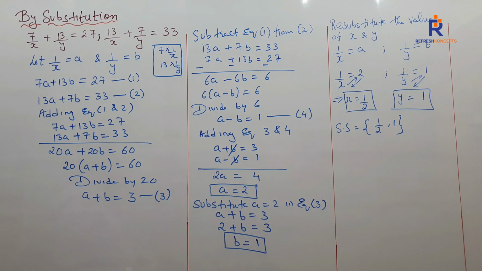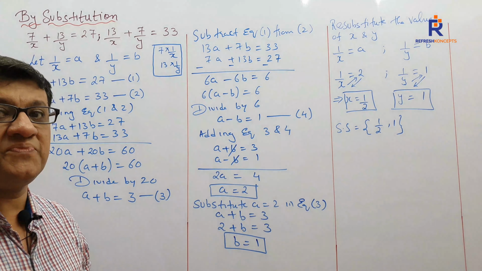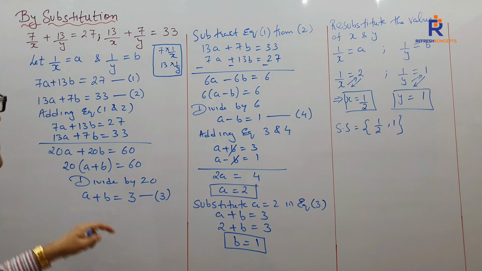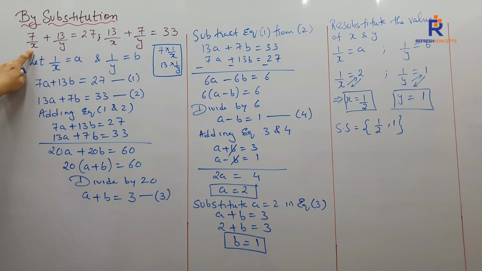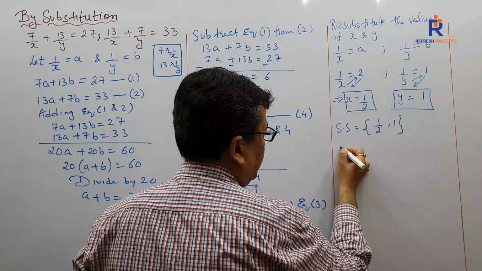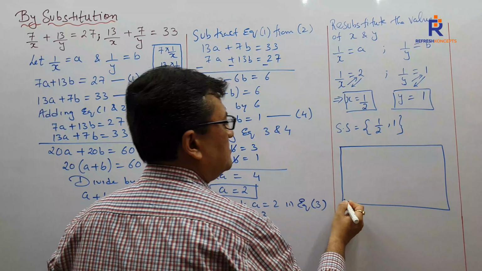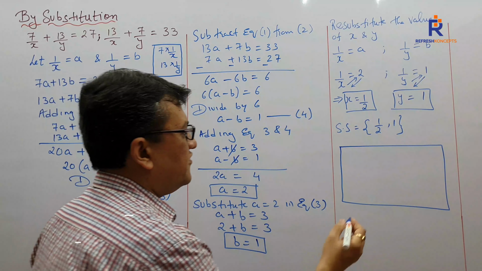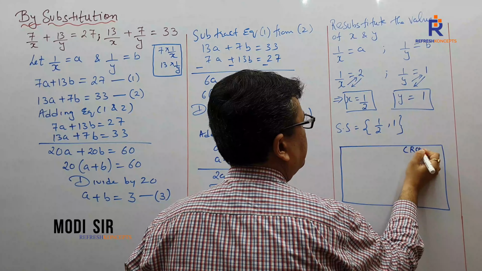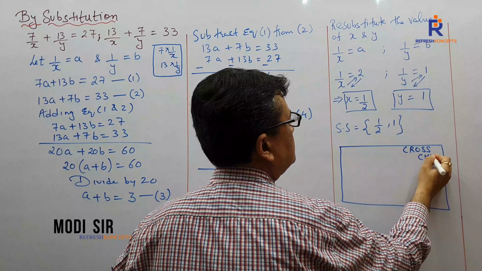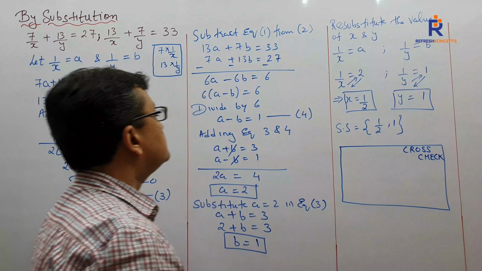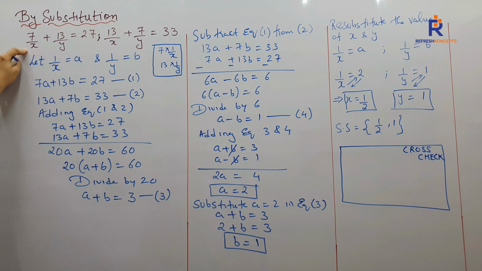Let's go for cross check. We always go for a cross check before we move further. If I substitute x as half and y as 1, let's see whether we are getting the answer. Our sum is done. This is cross check. Seven by x.